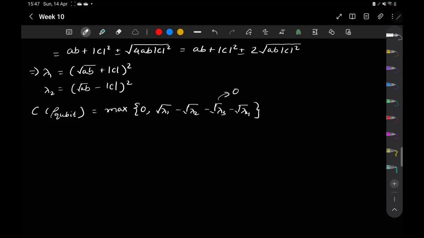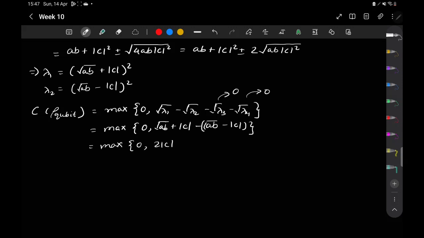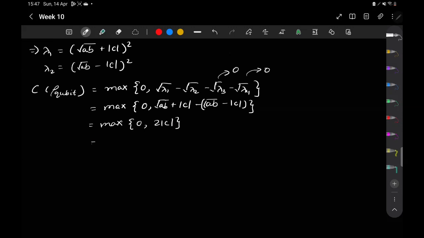And these are 0. Square root of lambda 1, just the square will go away, so mod a plus root ab plus mod c, minus square root of lambda 2 again. And of course 2 mod c will be greater than or equal to 0.